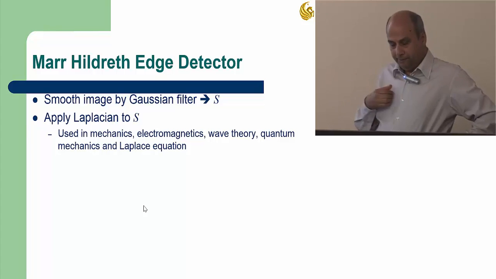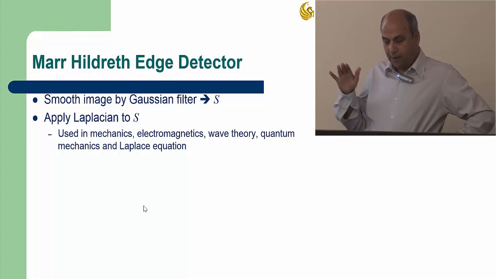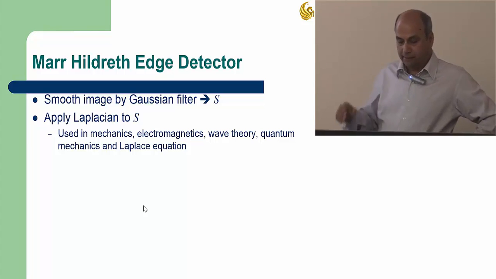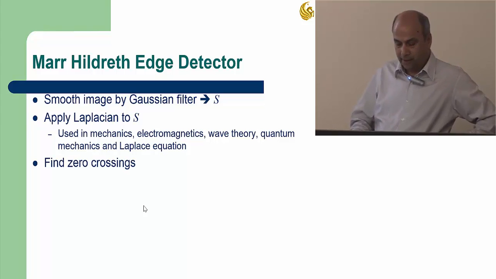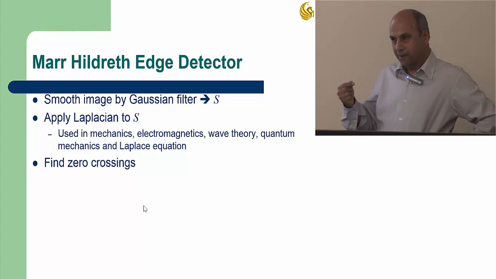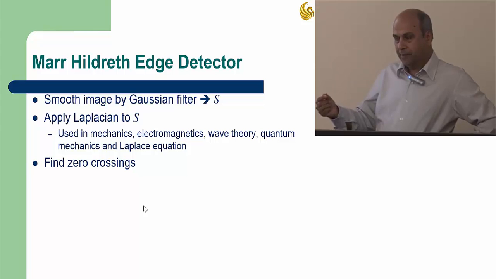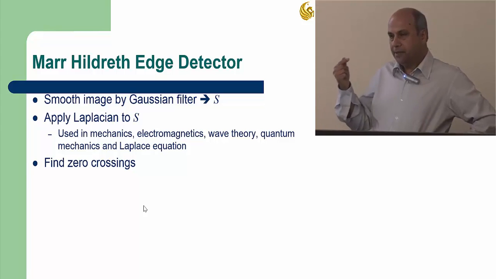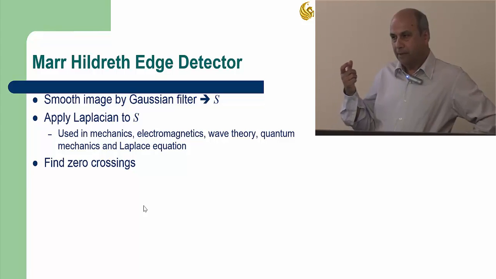And this Laplacian is used a lot in many different things, quantum mechanics and electromagnetics and so on. Then instead of finding the maxima in the gradient magnitude, we'll find the zero crossing in the Laplacian. You have learned from calculus, if the function has a maximum or minimum in the first derivative, then the second derivative has to be 0.